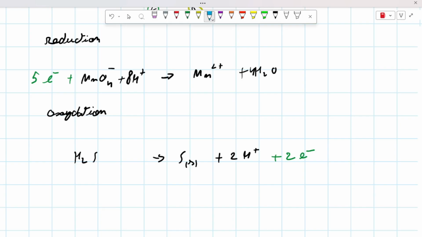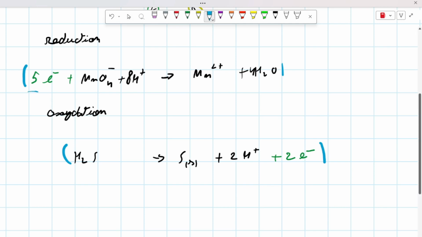In order to fix this, we will need to multiply both reactions by some number. The easiest way to find this number so that the number of electrons are the same is just to multiply.